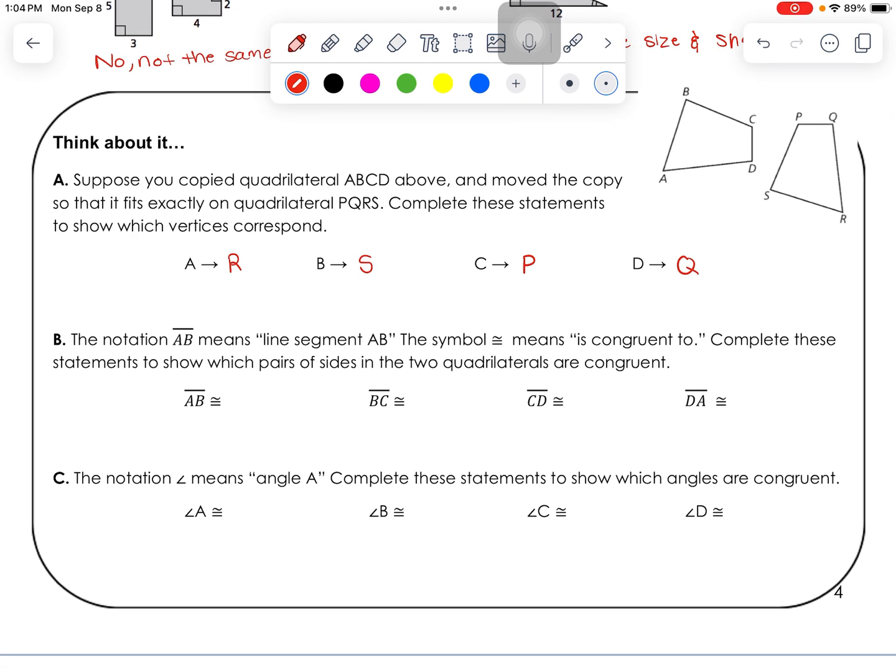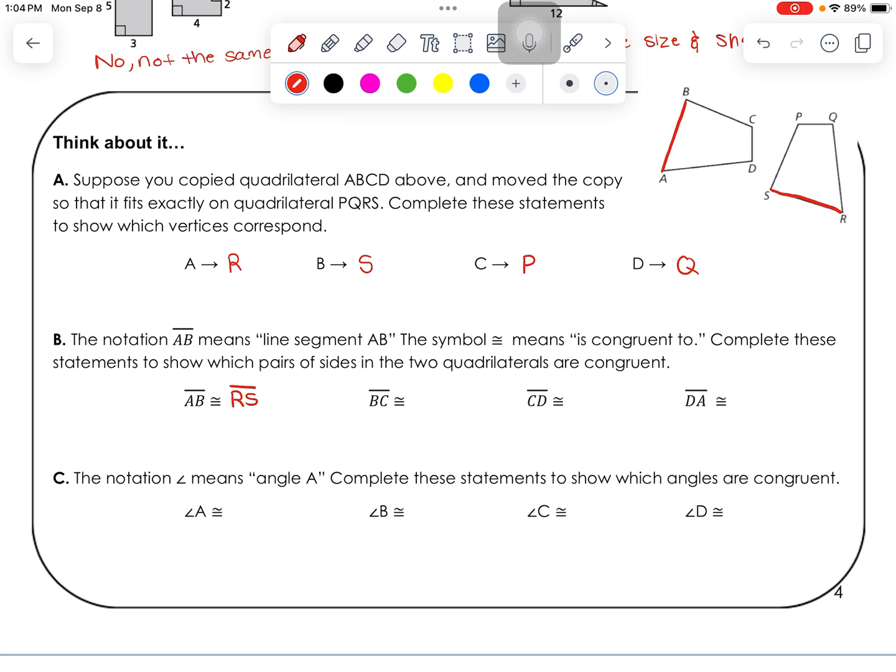Okay, so the notation AB with the line segment above AB represents that we're talking about that side length, that line segment. The symbol means congruent. So we want to complete the statement to show which pairs of sides in the two quadrilaterals are congruent. If I'm looking at side AB here, I can see that side AB is going to be the same as side RS. When I write that, I need to include that line above to show I'm talking about the line segment.